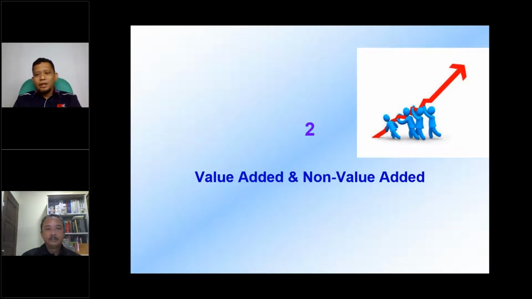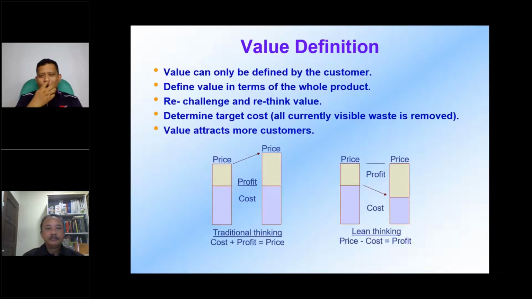For those who are quite familiar with value added and non-value added in lean, we are talking about the value definition first of all, which is that value can only be defined by the customer, in terms of whether they want to buy or not.